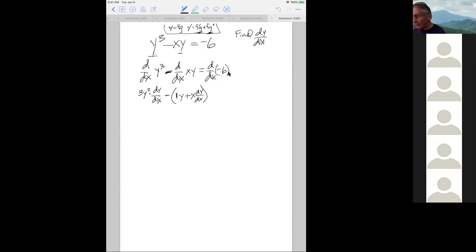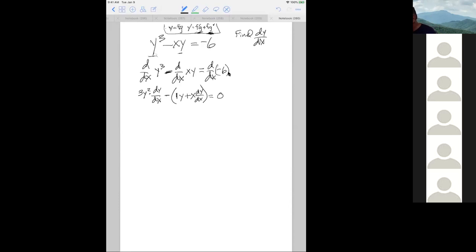Notice the only place that dy/dx showed up just showed up one time, and it showed up where it was g prime in our product rule. That's the only place dy/dx shows up, is when you're taking the derivative of the y term, okay? And then we'll keep moving. The derivative of a constant is 0. So let's distribute this minus sign now and clean this up.